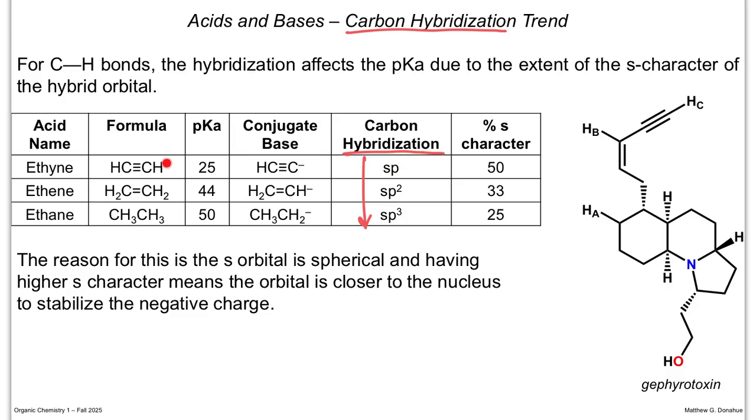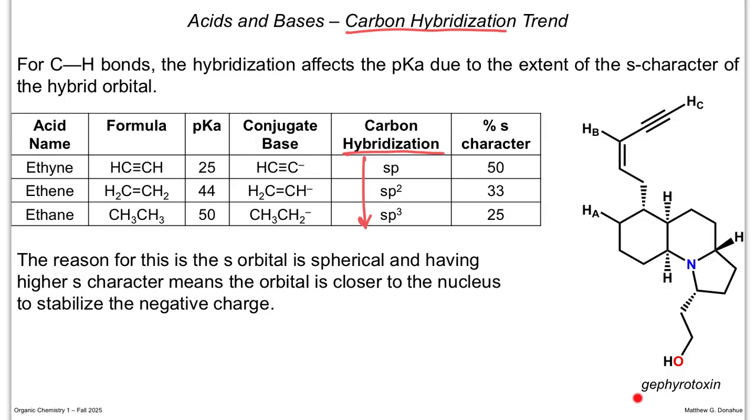It has to be that situation. Those are about 25. When you go up to alkenes with sp2 hybridized carbon, so alkenes and aromatic rings, there's about 45, and then your average sp3 alkane is 50.